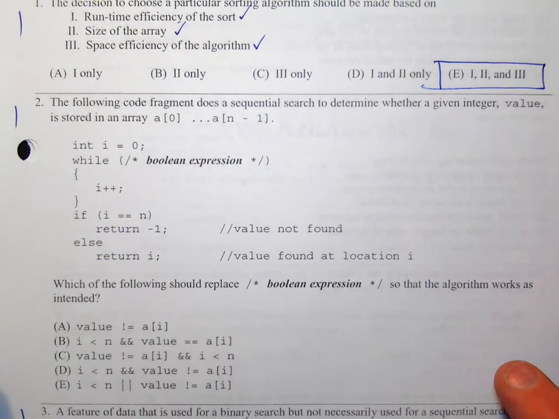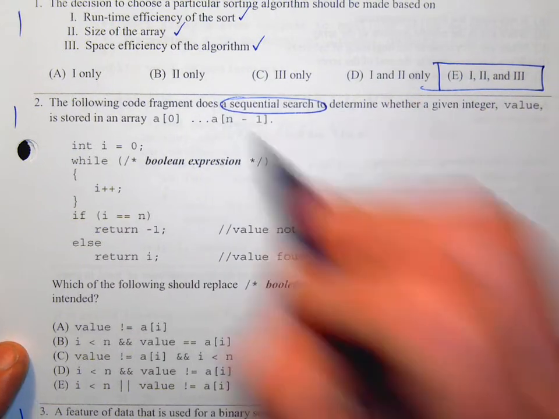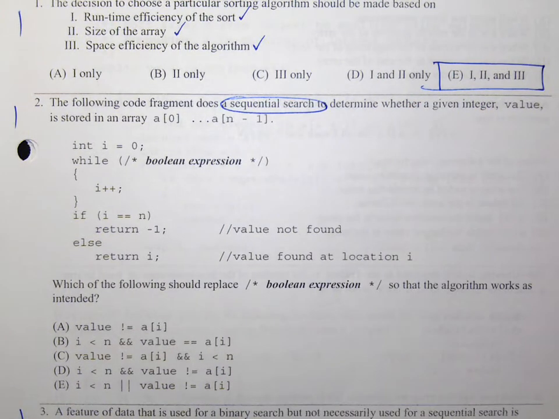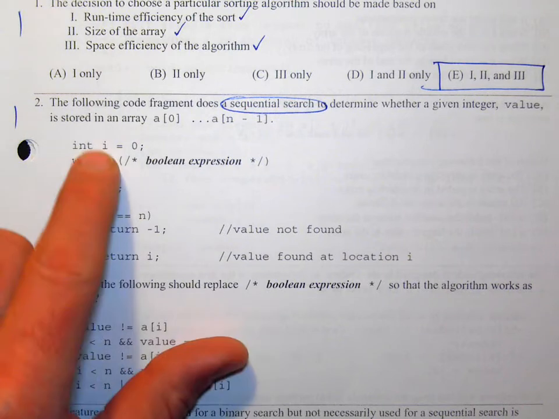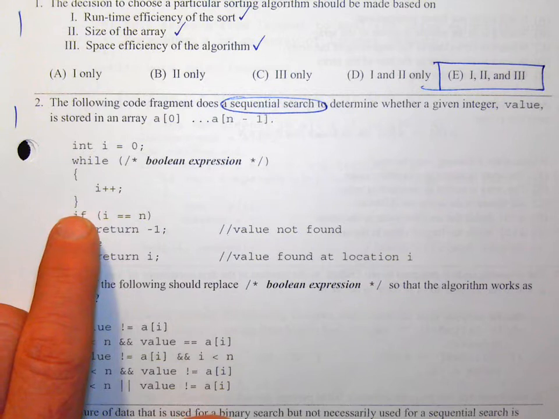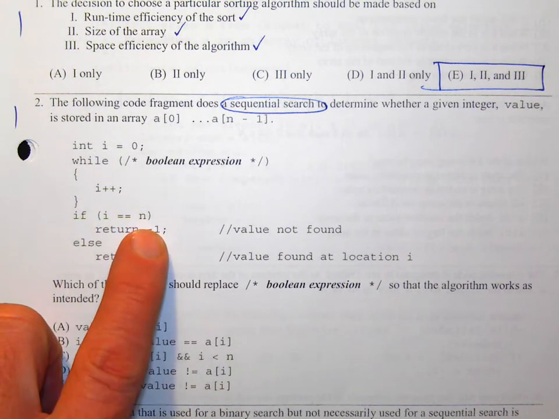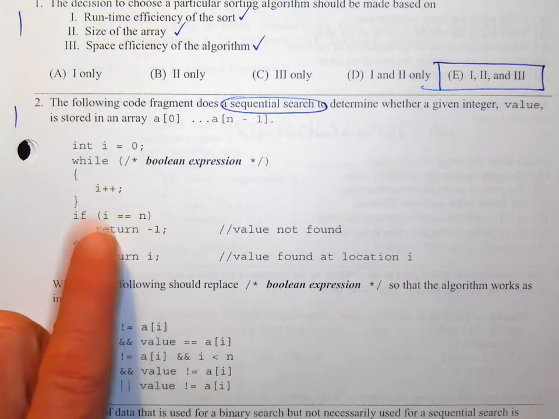Okay, the following code fragment does a sequential search, where it just looks through the whole thing until you find a certain value. It doesn't have to be in order. It starts at 0, and while something is true, increment this. Once the while loop is done, if i equals n, that means we got through the whole thing and didn't find it.